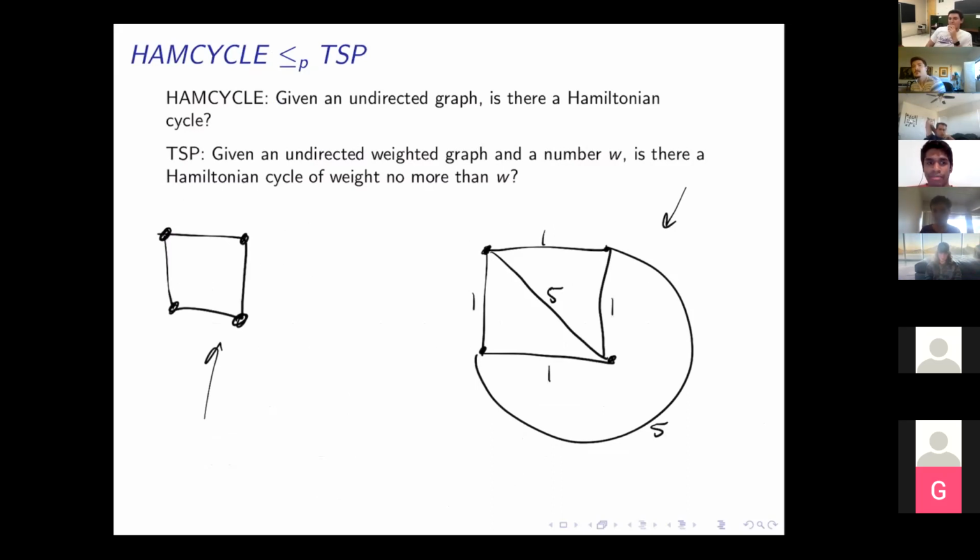Yeah, I'm just saying for this function, couldn't you have just, instead of creating the complete graph? So what Sam's getting at is something that I didn't really touch on, but traveling salesman is generally phrased as: given a complete graph with weights, is there a path of small weight?